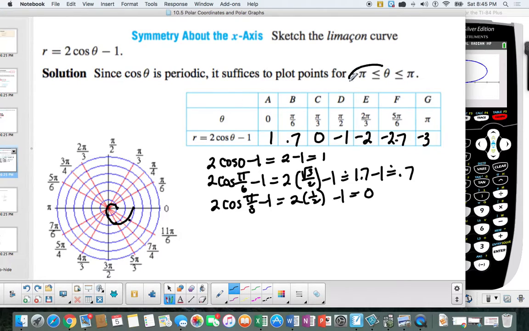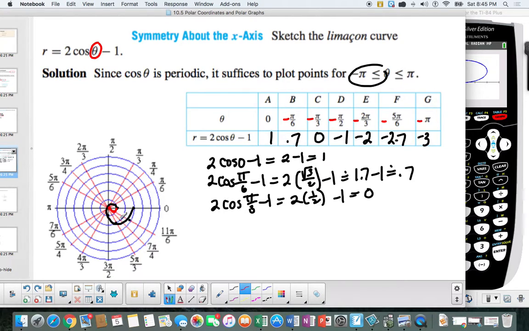Now, to go ahead and take a look at these, I want to have negative angles. I'm going to put this here. When I put a negative angle in here, I want you to notice that when I put a negative angle in for cosine, I'm just going to get these same values. So I'm going to go ahead and graph negative pi 6, so that's down here, and then I'm going to graph 0.7, so that's right here, and then negative pi thirds, which is right over here, and then it's going to be 0. So this is kind of going like this.